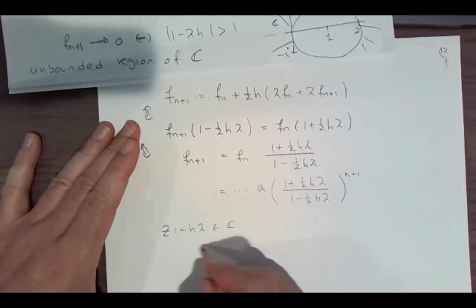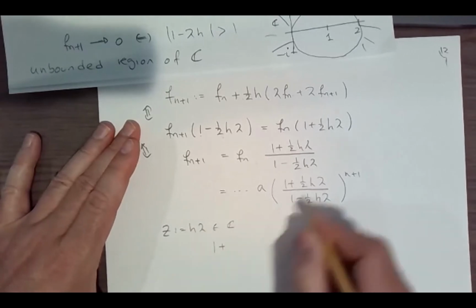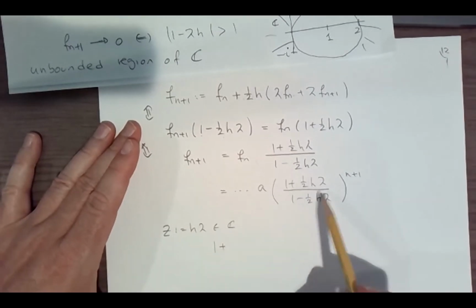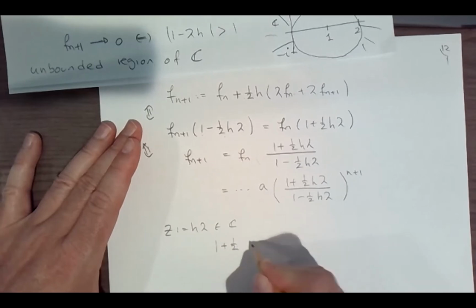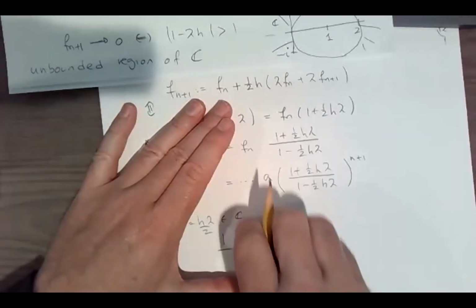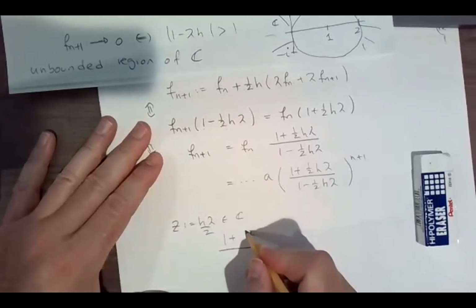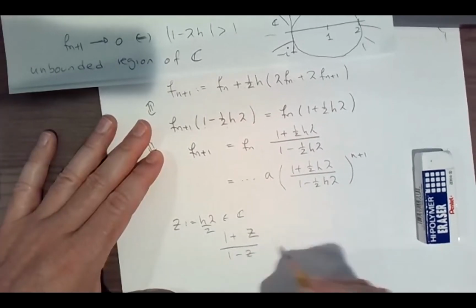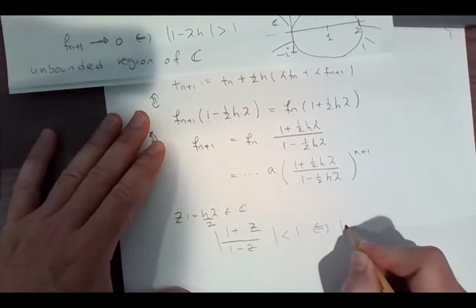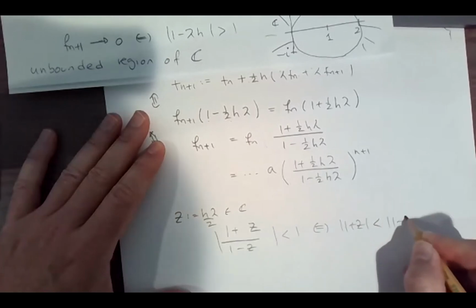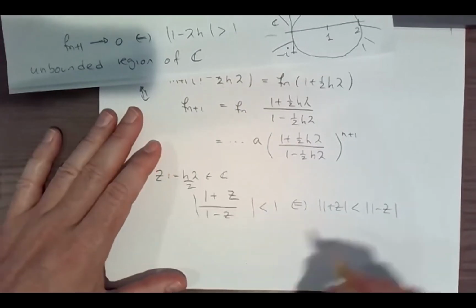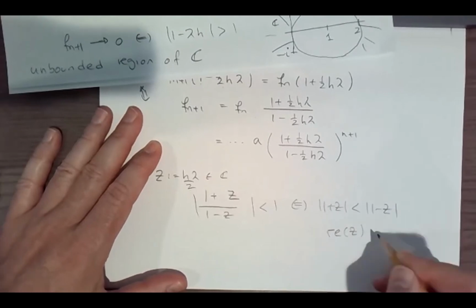So what I need is 1 plus 1/2 z divided by 1 minus 1/2 z to be bounded by 1. All right, so I need 1 plus z to be less than 1 minus z. And so what I need here is that the real part of z should be negative.